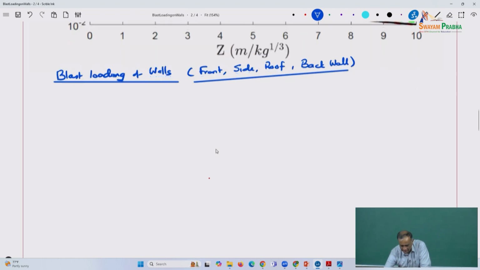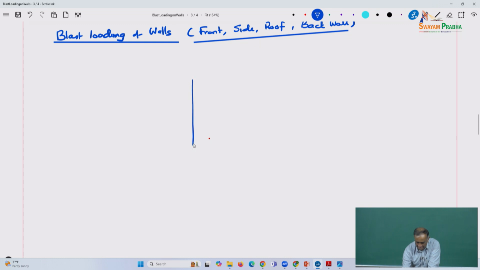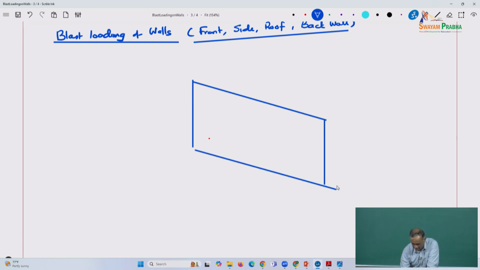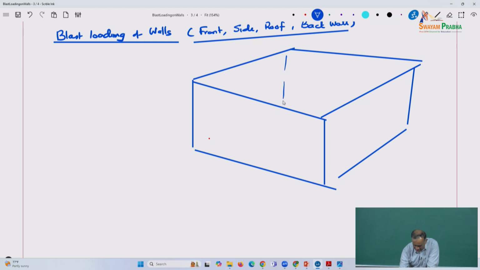So, just to give a picture of a schematic for reference purposes, keep this in mind. Remember, you can have buildings of different footprints.